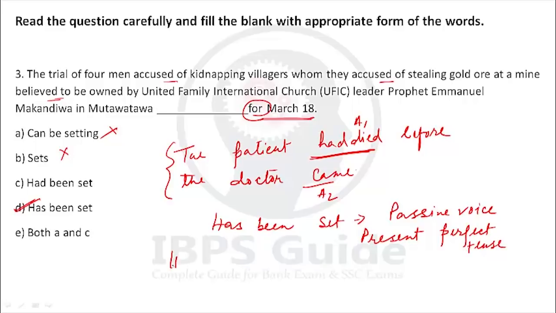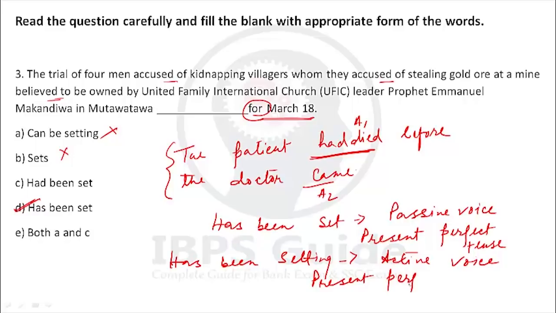If I write "has been saying", then that is active voice and the tense is present perfect continuous tense. So we need passive voice and present perfect tense here.